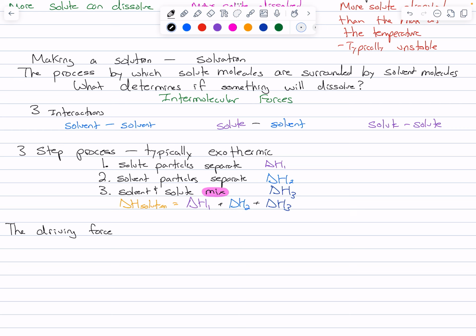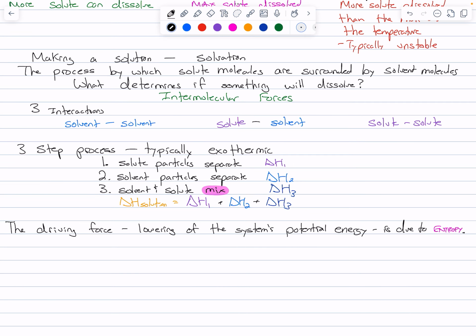The driving force, which is a lowering of the system's potential energy, is due to entropy. New term. We're defining it kind of early. We have a chapter coming up on it, but entropy.